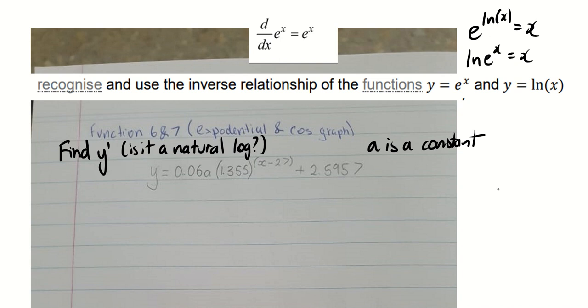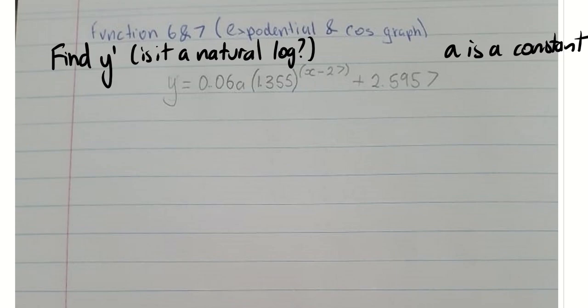It's questionable whether this is in the syllabus or not, but I can combine those two things together and do this. So I'm going to start by making some cosmetic changes to this function. I'm still writing y because I haven't differentiated yet.